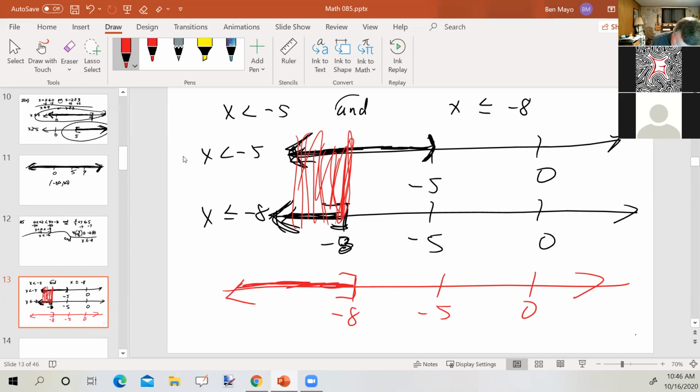It's basically just like the bottom graph. And interval notation would be -infinity up to and including -8. Questions on that one? Okay.